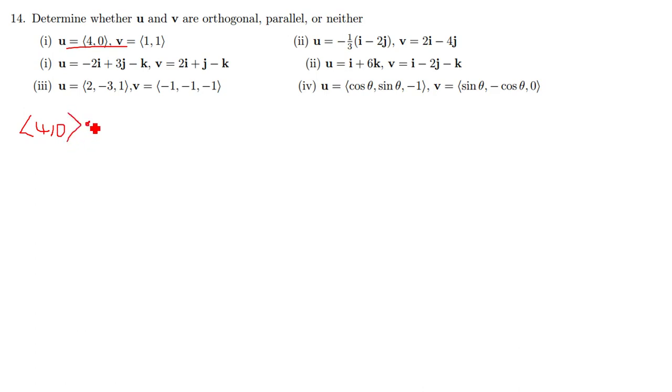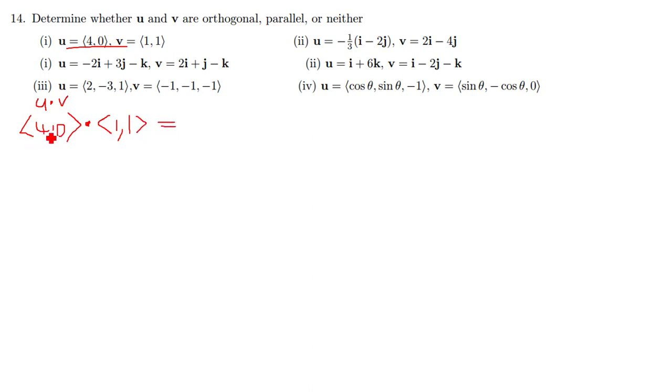We're finding U dot V, which is just the same, because U dot V is the same as V dot U. So U dot V is this part dot the other part, which is 1, 1. Let's see if this is going to give us a 0.